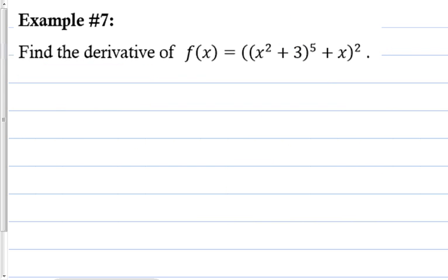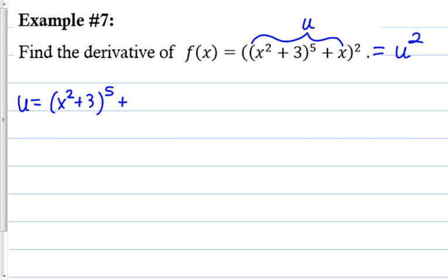All right, this one looks yucky. Find the derivative of f of x, but look at it. Parentheses and parentheses and a bunch of exponents. Okay, all of this is the inside function. So this is going to be u squared. So u is x squared plus 3 to the 5th plus x. And then du is going to be the derivative of that.